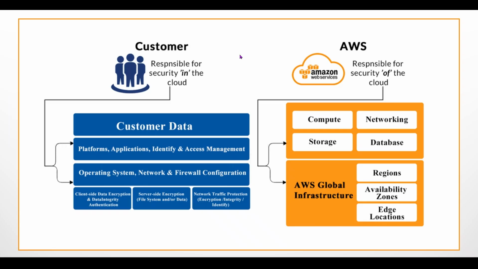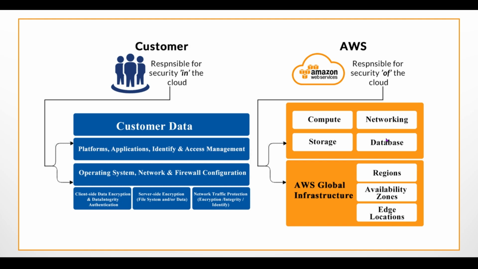Here the customer data, the platform, the application, the identity and access management, the firewall, from which port, which protocol, which IP range should access, the encryption, the traffic management. All these are customer responsibilities, whereas AWS is responsible for the physical infrastructure plus these layers which are listed here, right? This is what we call the shared responsibility model.